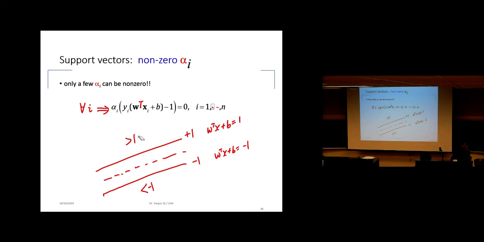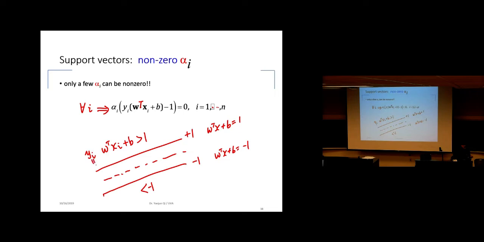Let me actually write it out. So W transpose xi plus b in the above region will be what? It's larger than 1, right?